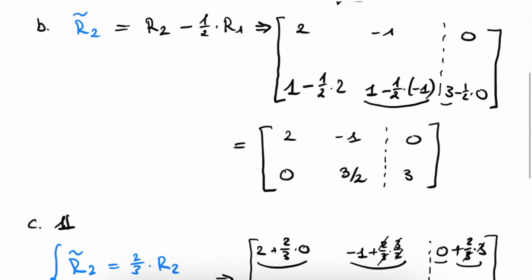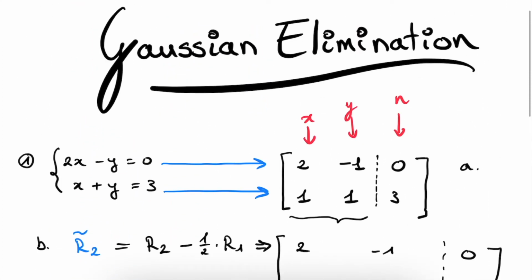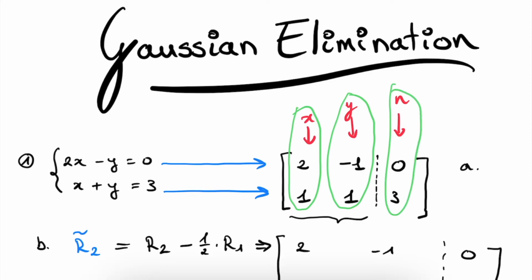And let's therefore go back to our original conversion. We saw that the first row corresponded to the first equation. We saw that the second row corresponded to the second equation. We saw that the first column corresponded to x, the second column corresponded to y, and the third column corresponded to the terms without an x or a y.